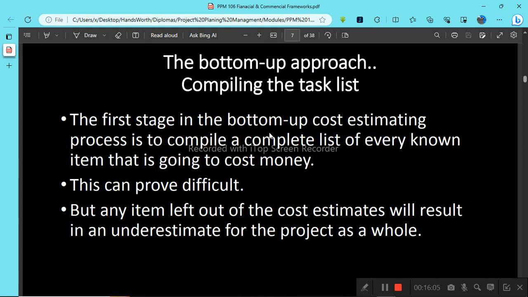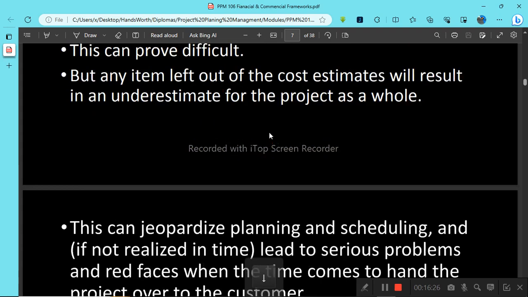Alright, the first stage in the bottom-up cost estimation process is to compile a complete list of every known item that is going to cost money. This can prove difficult, but any item left out of the cost estimate will result in an underestimate of the project as a whole.